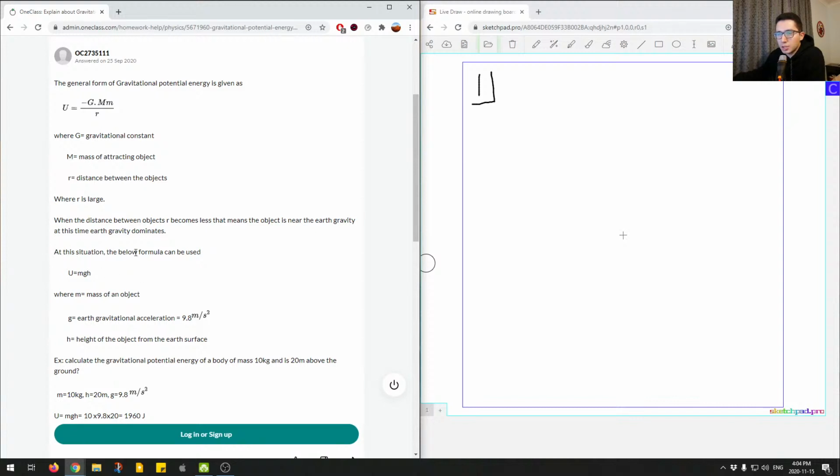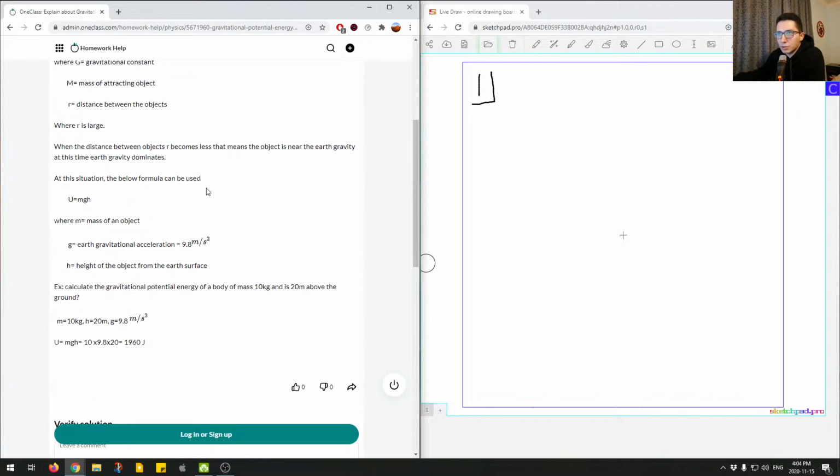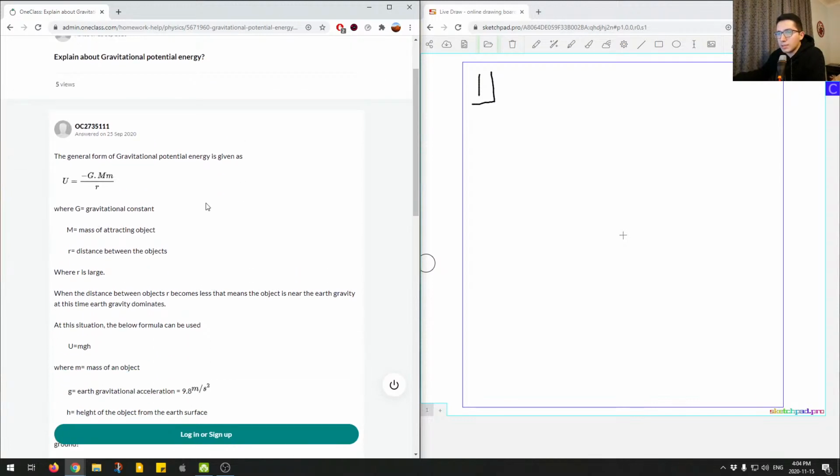In this situation, the formula below can be used. We use the energy is equal to mass times gravity times height. So here we have the mass of the object, g is a constant, 9.8 meters per second squared, which is just acceleration due to gravity, and then the height of the object above the surface of the Earth. Just to summarize, there are two equations.